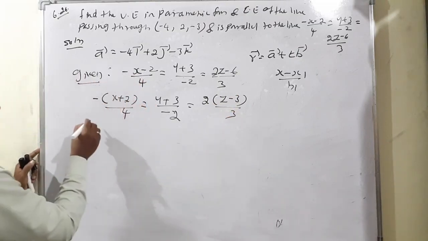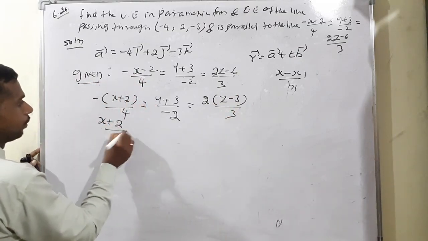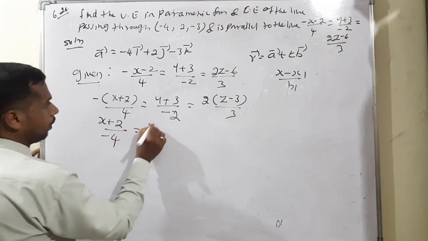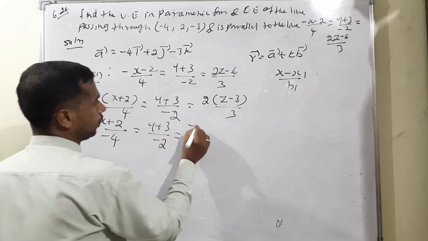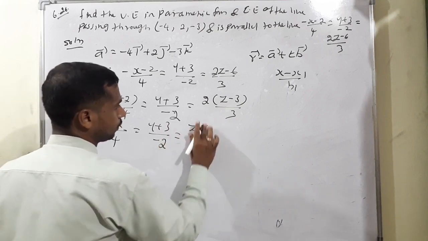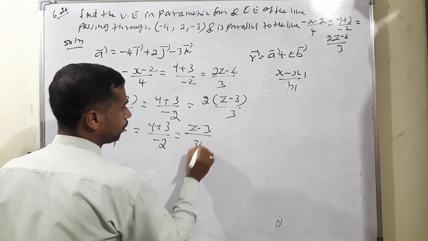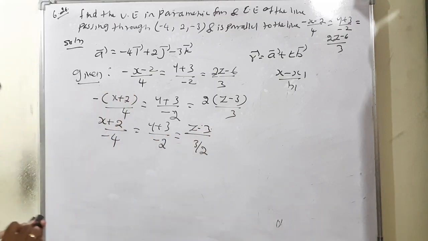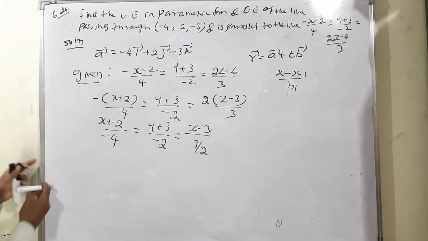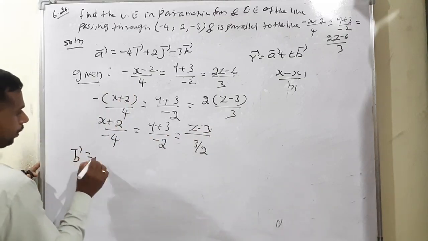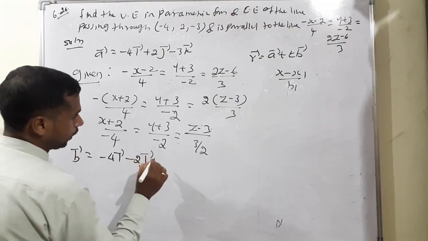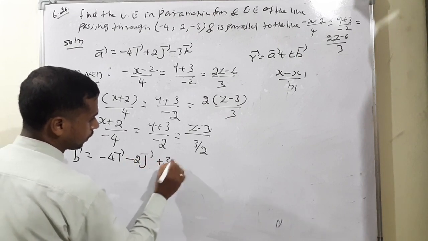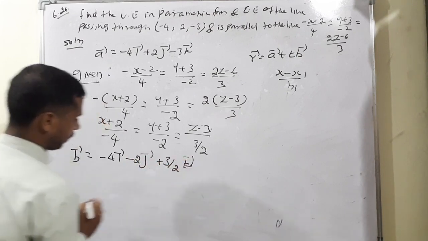Now how to rewrite it? So x plus 2 divided by negative 4, then y plus 3 divided by negative 2 is equal to z minus 3 divided by 3 by 2. Therefore, now we can write the B vector is equal to minus 4i vector minus 2j vector plus 3 by 2 k vector.